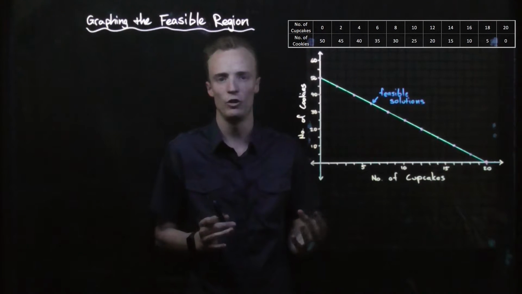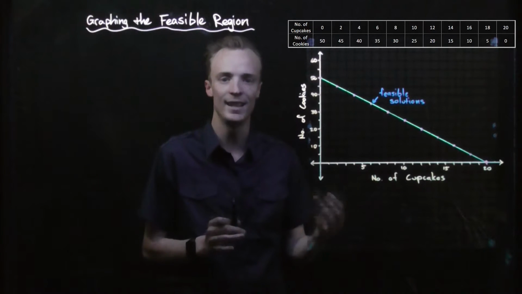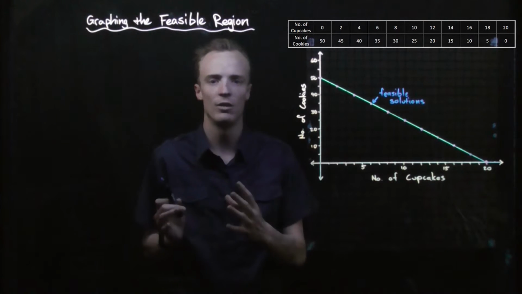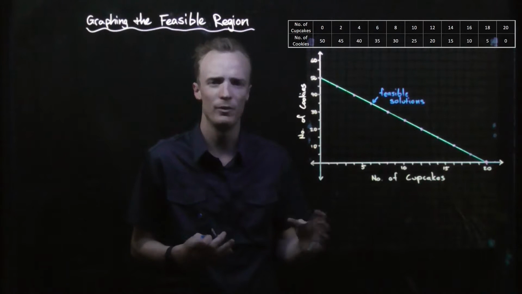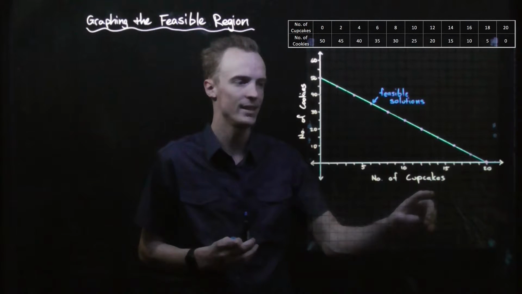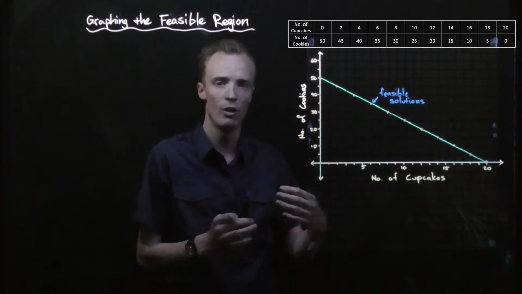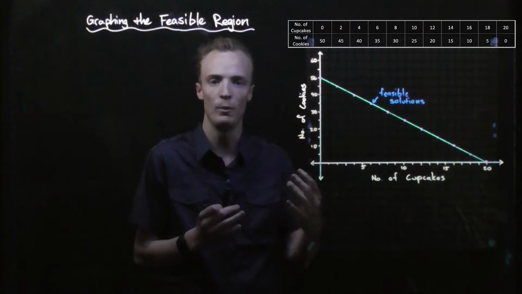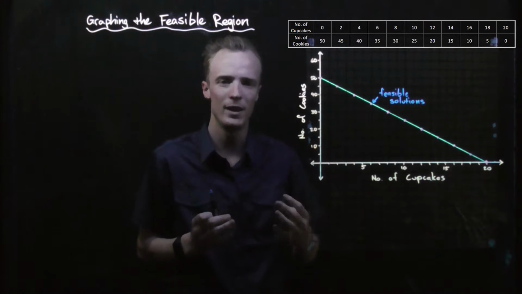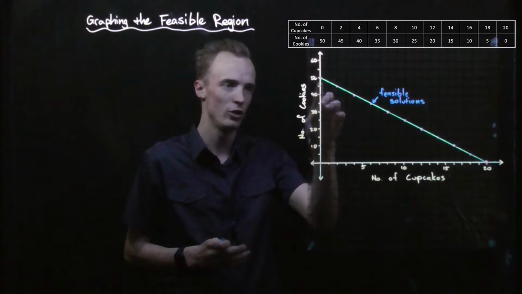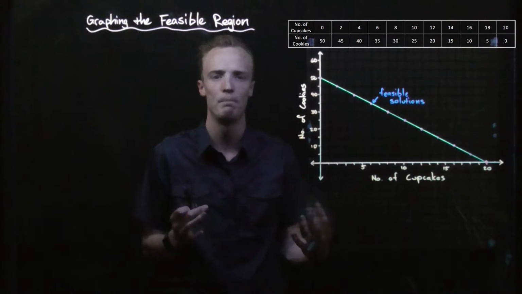Now, feasible solutions are solutions that work in the context of the problem. So, for example, we can have 6 cupcakes and 35 cookies. That is a combination that will fit within our budget. But feasible solutions aren't restricted to just using the entirety of our budget.